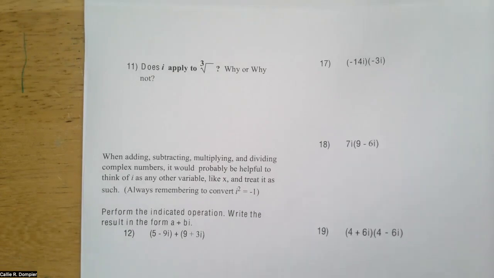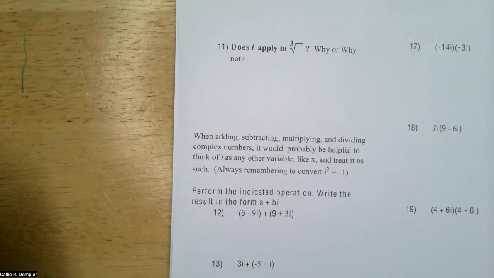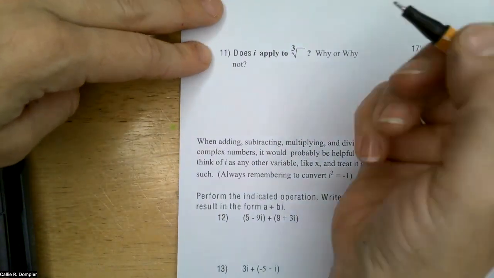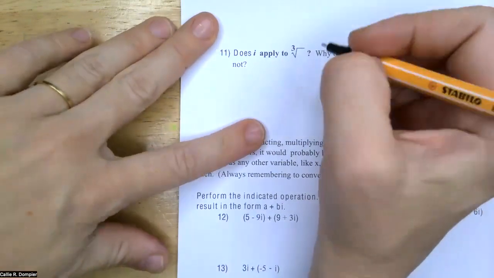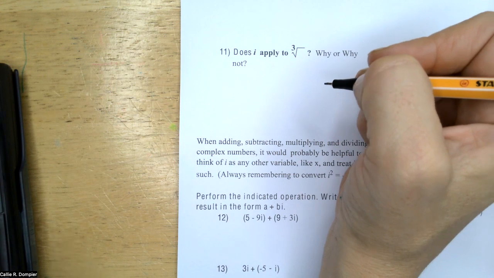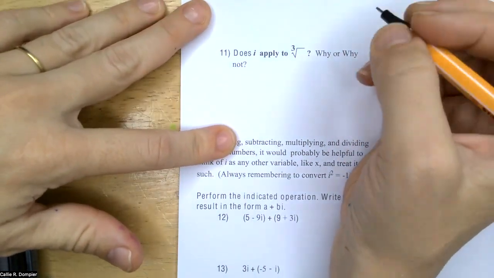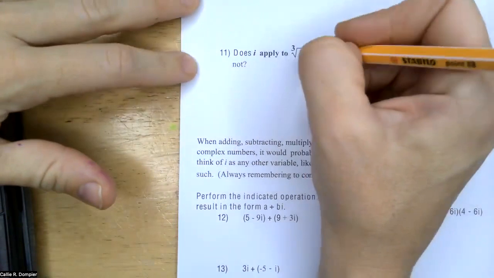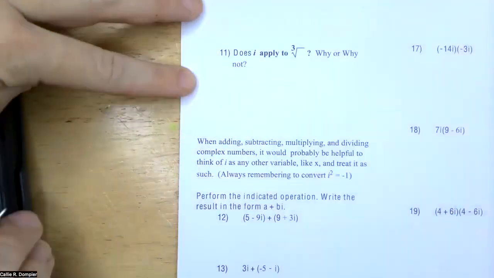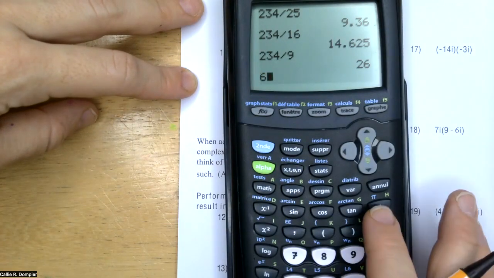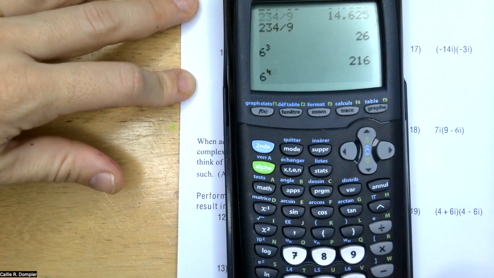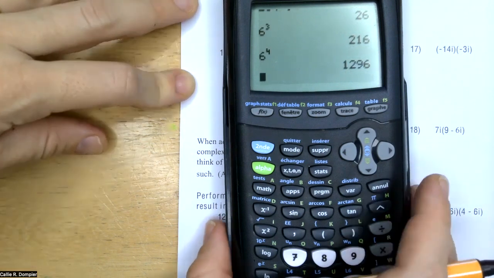Now they are asking us, does i apply to the cubed root of a number? Why or why not? We know it does not because we saw that we only have a negative under an even index that is impossible with real numbers, right? So let's look at the number 6 to the power of 3, right? It's 216. 6 to the power of 4 is 1,296.